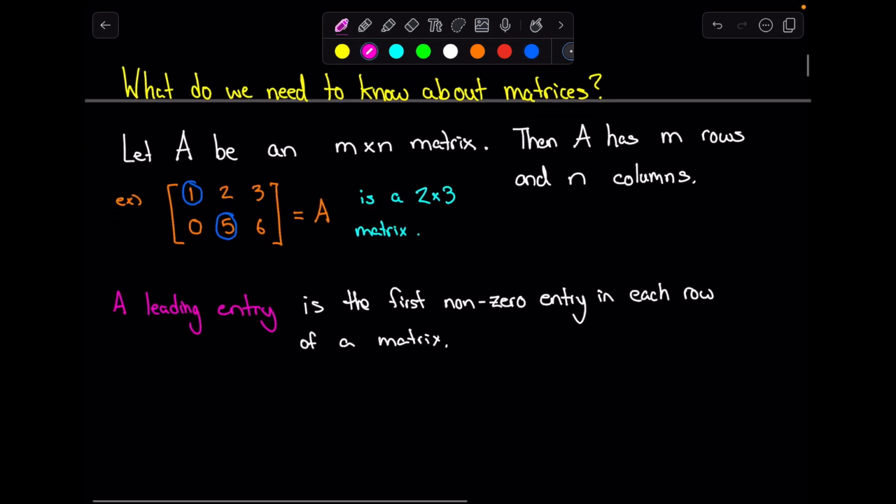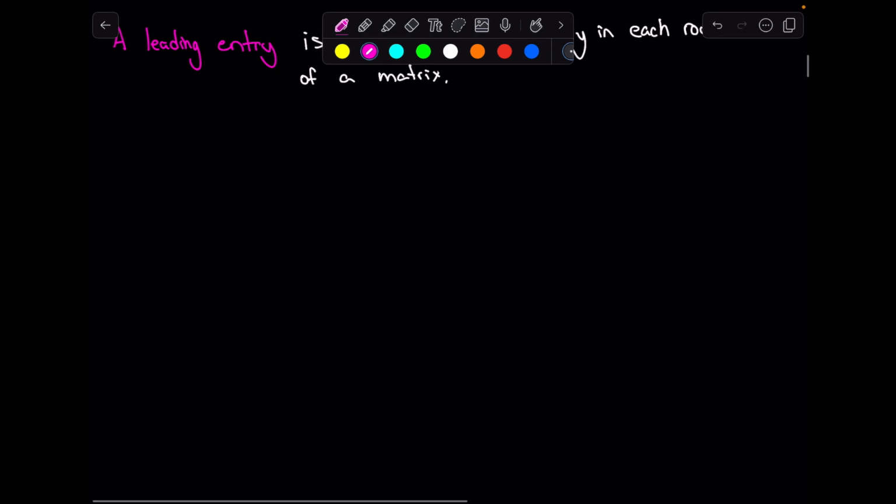Okay, so from here we're going to talk about maybe some classifications of matrices. So we learned about the coefficient matrix and the augmented matrix, but specifically we're going to be talking about certain ways that a matrix may be represented.